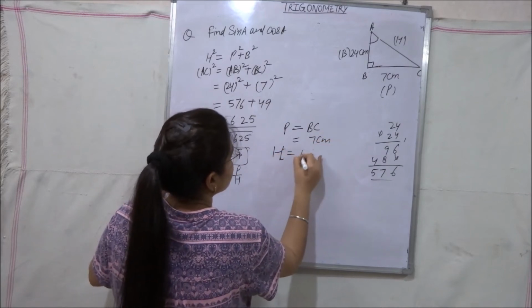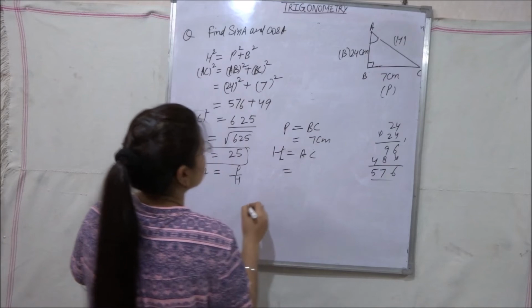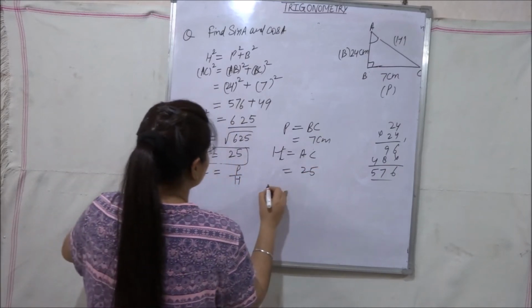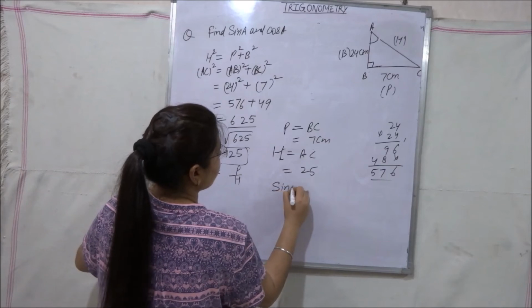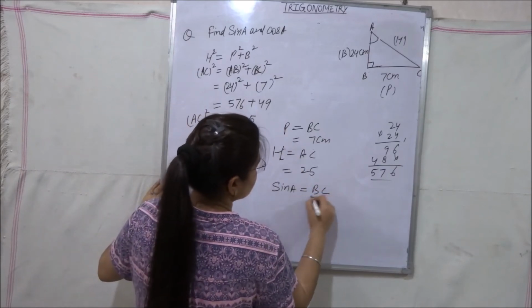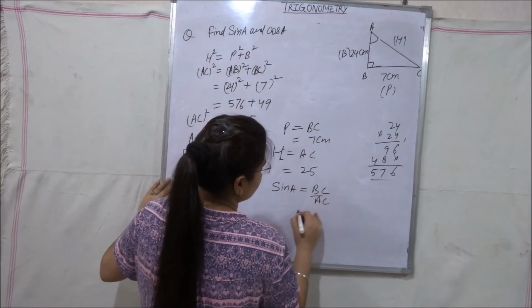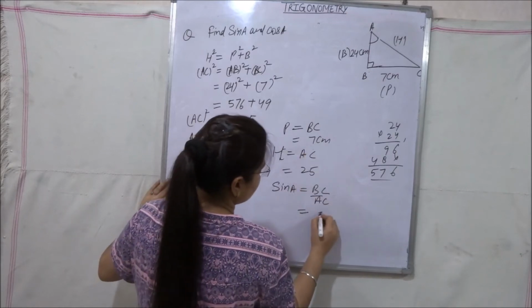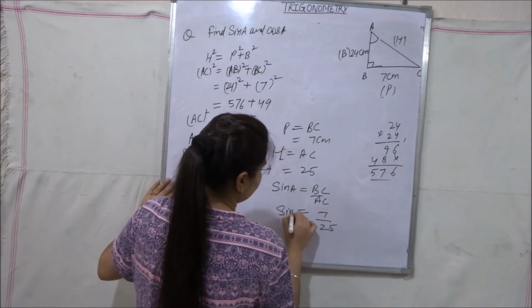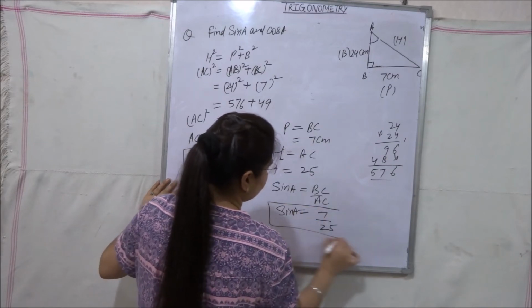Hypotenuse is AC, which is 25 centimeter. So sin A will be P upon H, that is BC upon AC, that is 7 upon 25. So sin A will be 7 upon 25.